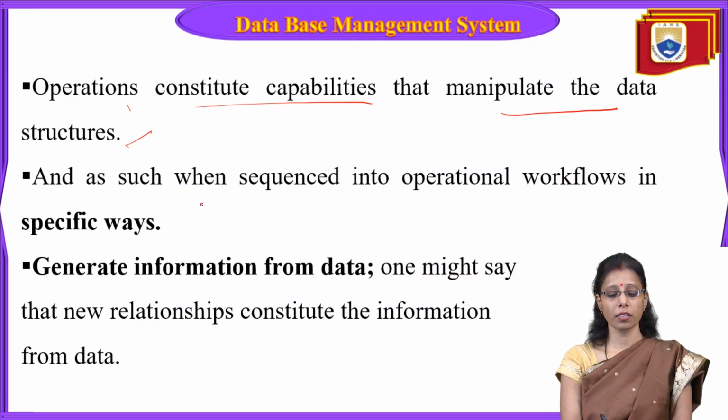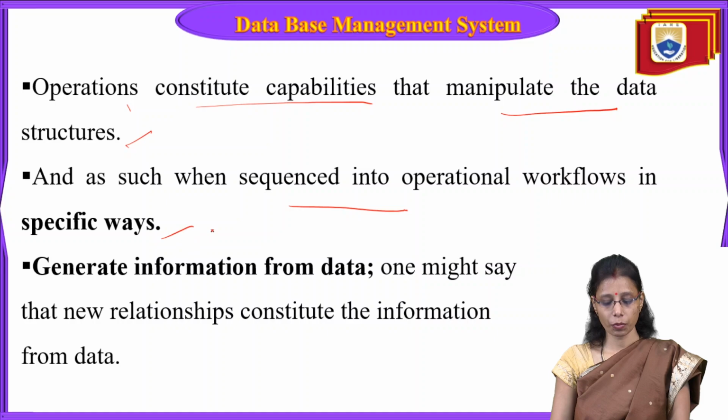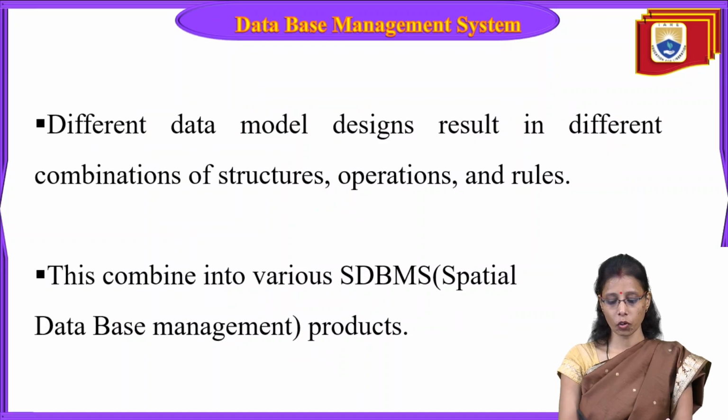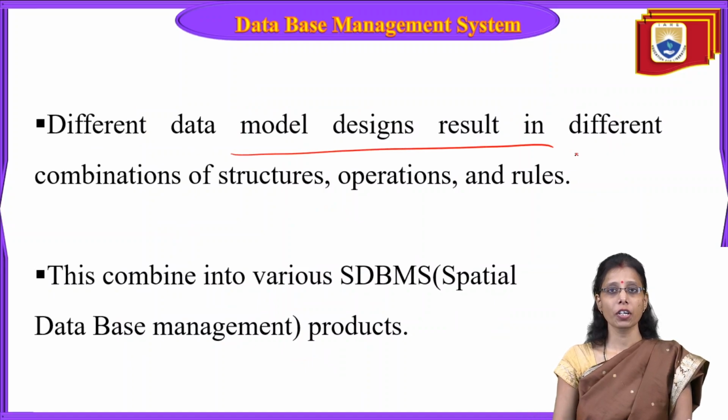When sequenced into an operational workflow in specific ways, these operations generate information from the data; one might say the new relationships constitute the information from the data. Different data model designs result in different combinations of structures, operations and rules.